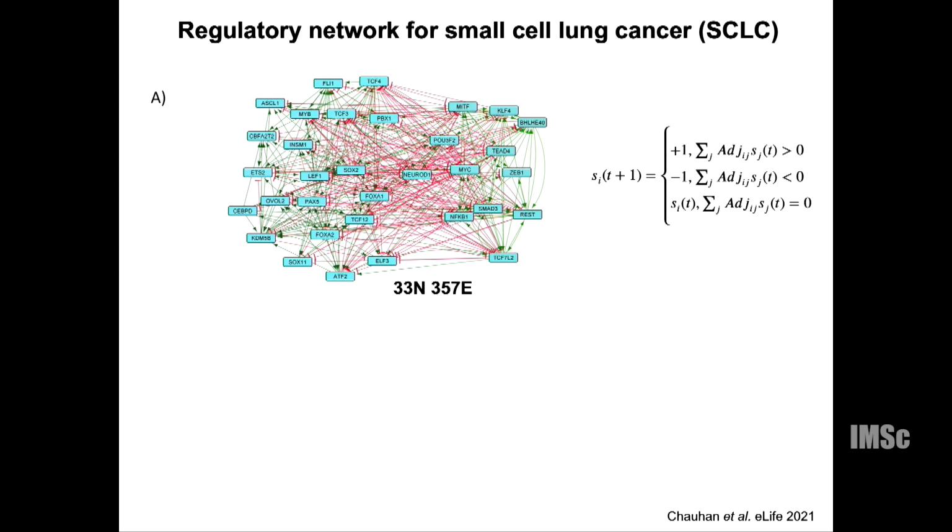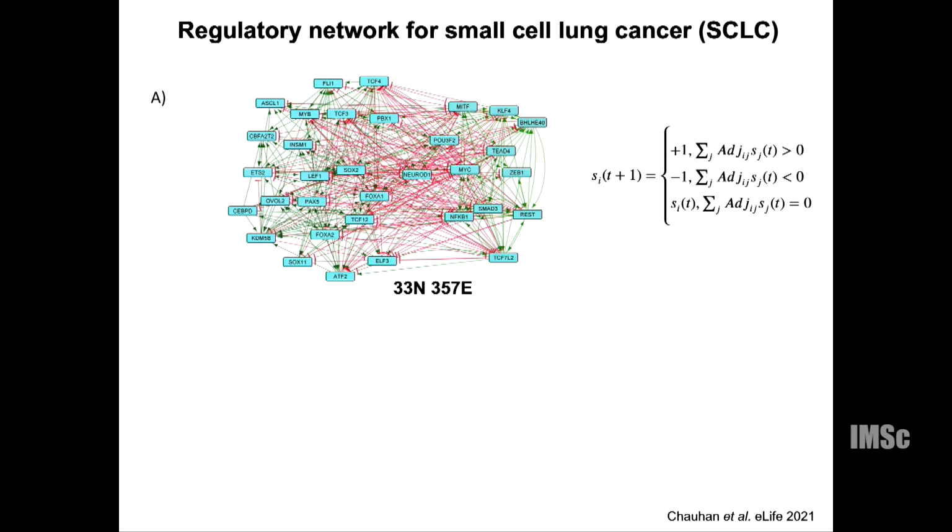So we adopted a very simple majority rule. We said that for every node, let's count the number of incoming edges. If the number of activatory incoming edges are more, you turn the node on. If the number of inhibitory edges are more, you turn the node off.